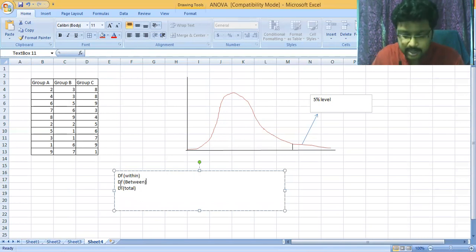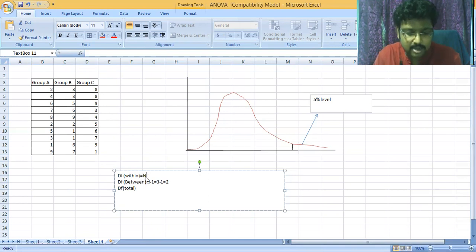Look here, degrees of freedom between is the number of conditions, the number of groups, here 3. So K is 3, and degrees of freedom is K minus 1, so 3 minus 1 equal to 2. Degrees of freedom between is 2. Now within: how many total samples are there? 10, 10, 10, so 30.